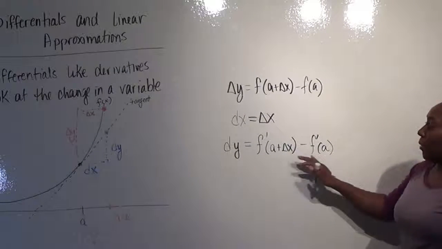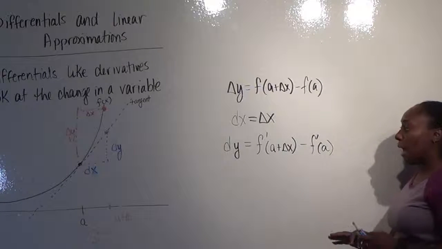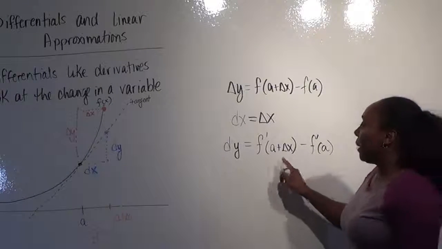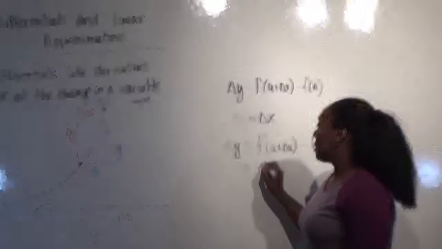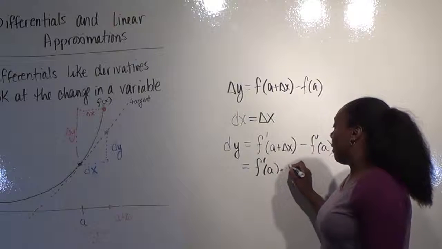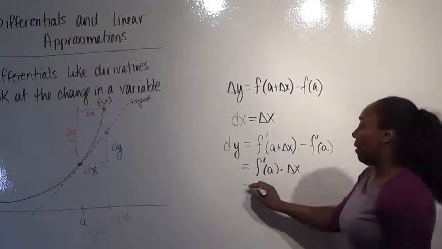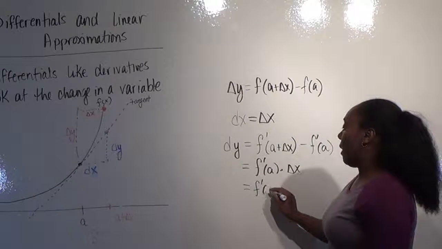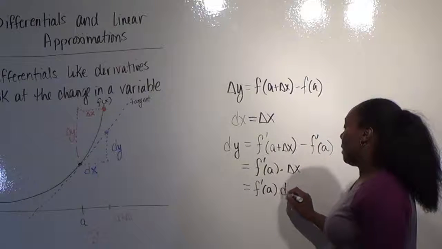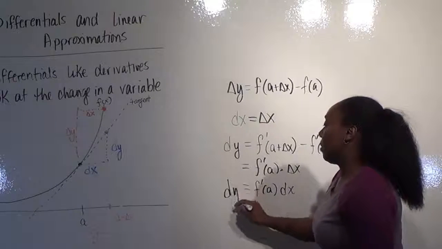And if we actually look at what this means, it's probably not clear or obvious at this moment, but I'm looking at f prime of a times our delta x. Or, from what we said there, it's going to be f prime at a times dx. Okay? So there's our formula for our dy.